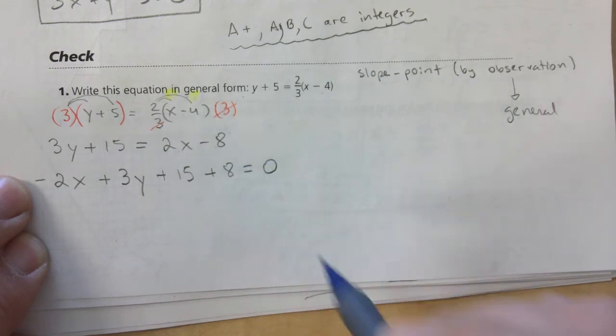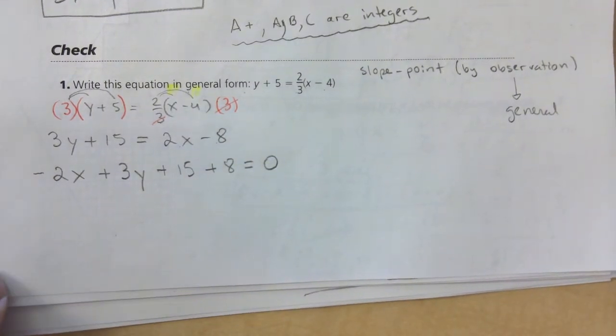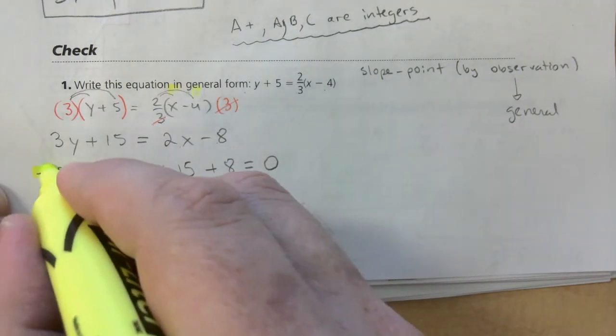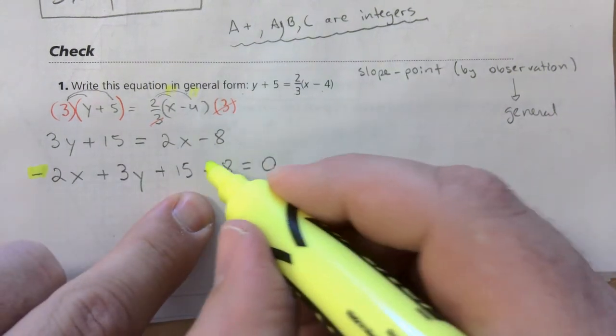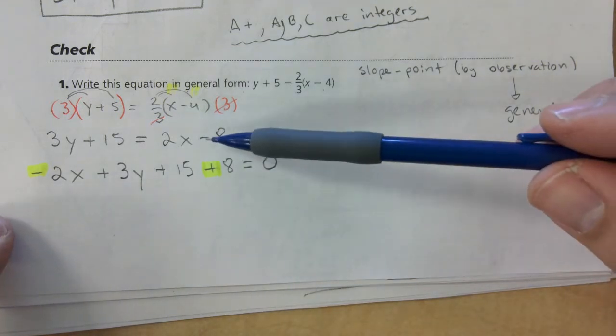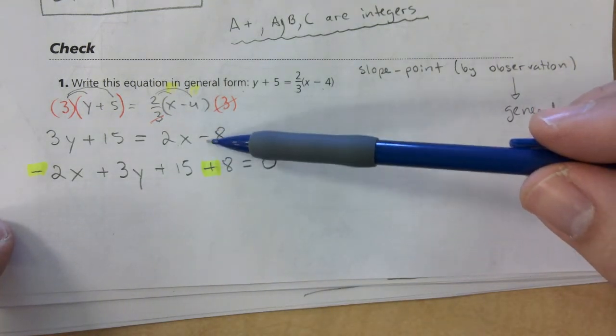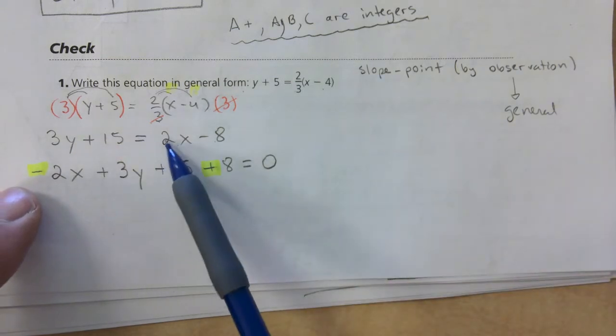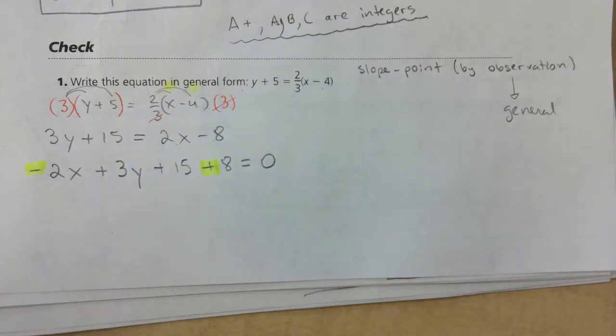Is equal to 0. If you have a highlighter, I will highlight the negative here, and I will highlight the positive there, because you need to make sure you see that the sign has changed as it came over to the left side.